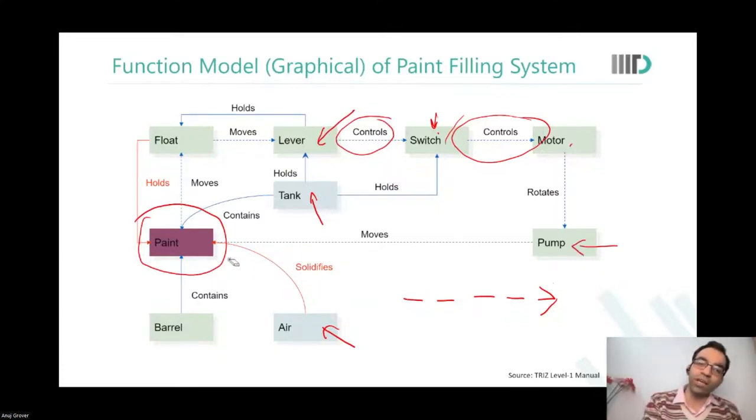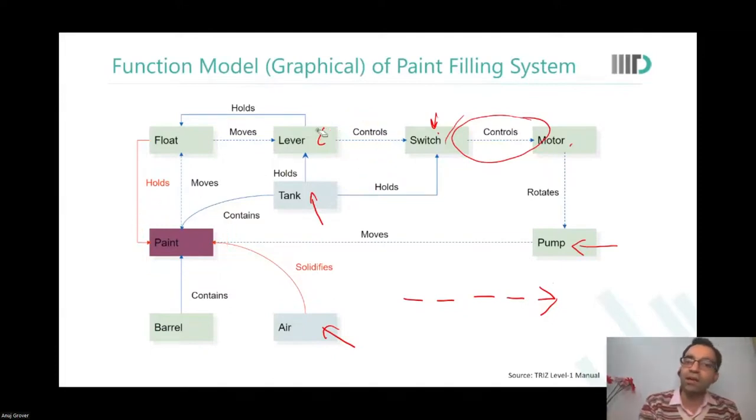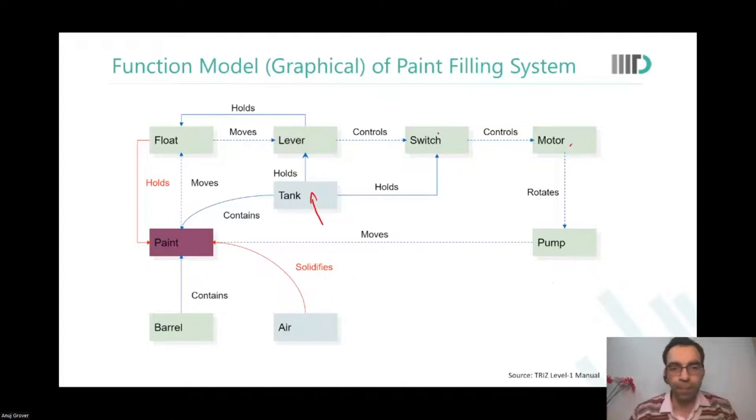Because of this color coding, right away I get to know what is happening, which functions are additional, which functions are auxiliary, which functions are basic. Can you tell which functions are basic by looking at this diagram? Which are the basic functions over here?